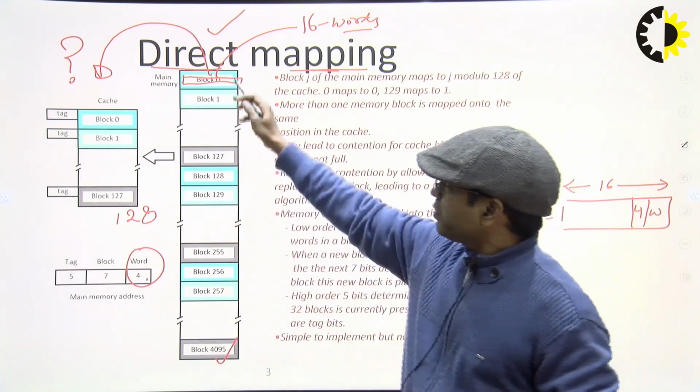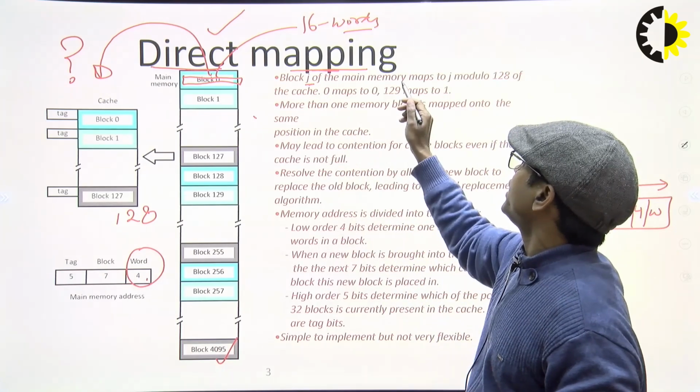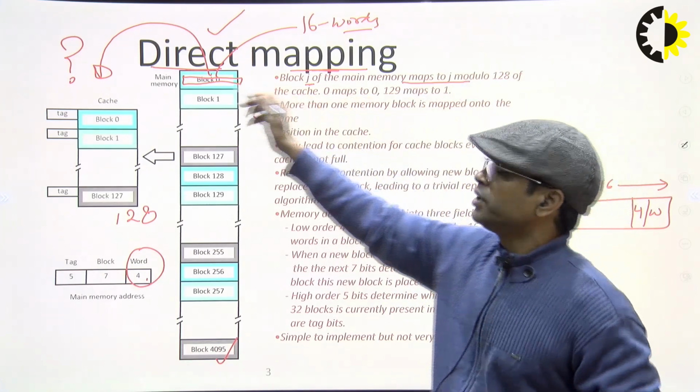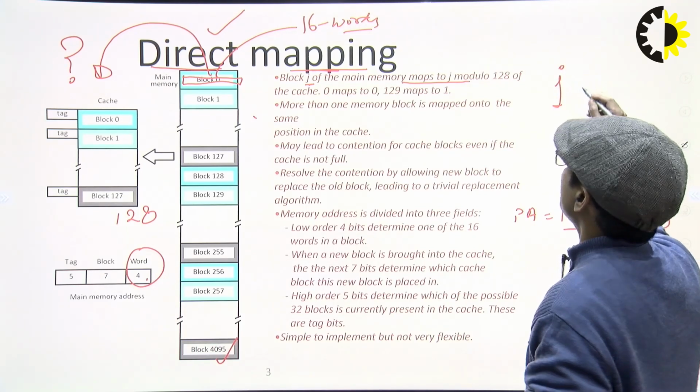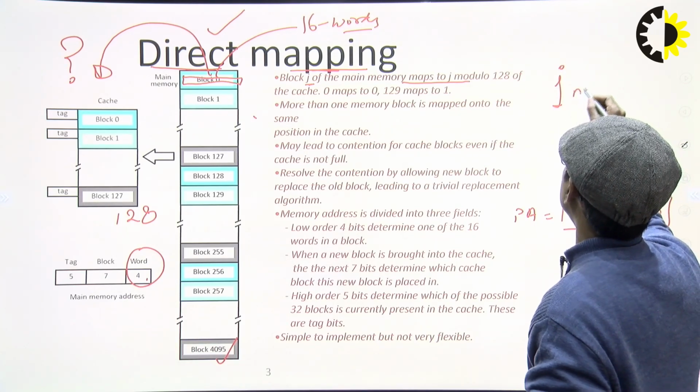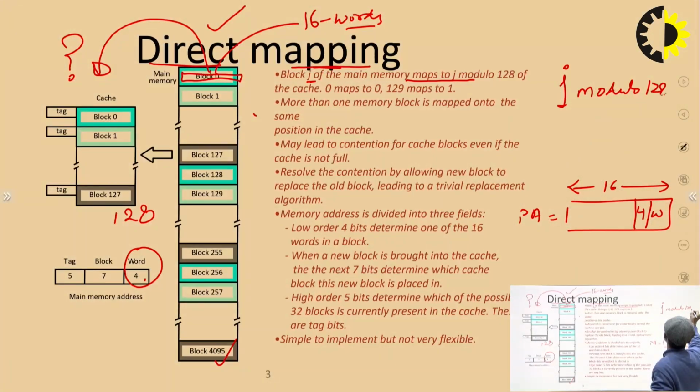Assume there is a block J of main memory that has to be mapped into the cache. Direct mapping works on a modulo operation: J modulo 128. Certainly block 0 will be mapped at 0, because 0 modulo 128 is 0. Similarly, 129 modulo 128 will be 1.